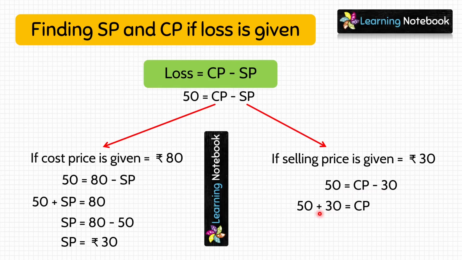So negative sign changes to positive. So we get CP equals to 50 plus 30, which is equals to rupees 80. So we have calculated the cost price as rupees 80 when loss and selling price are given to us.